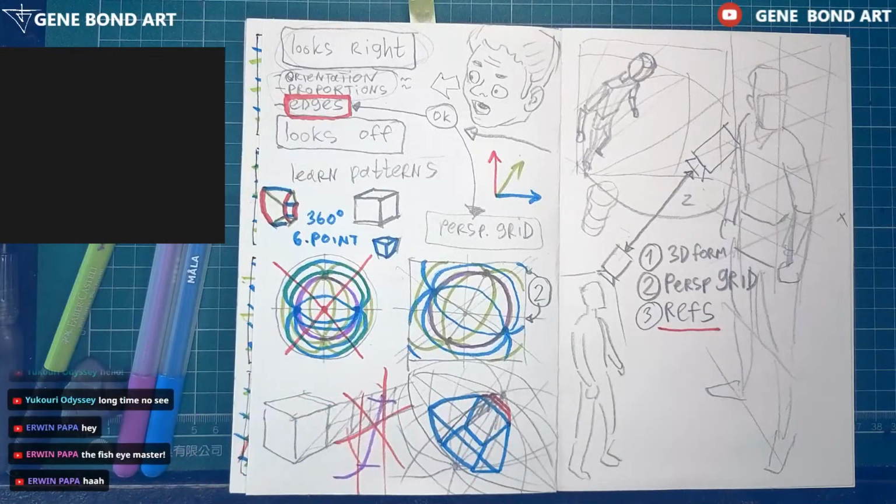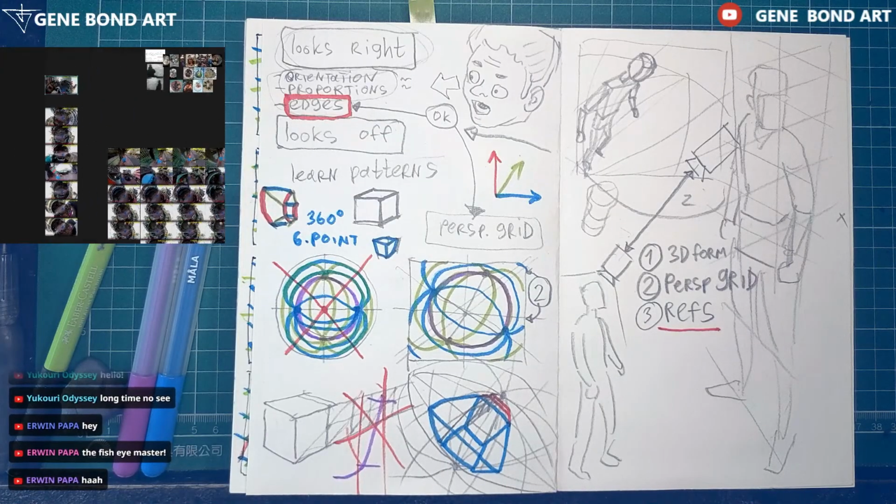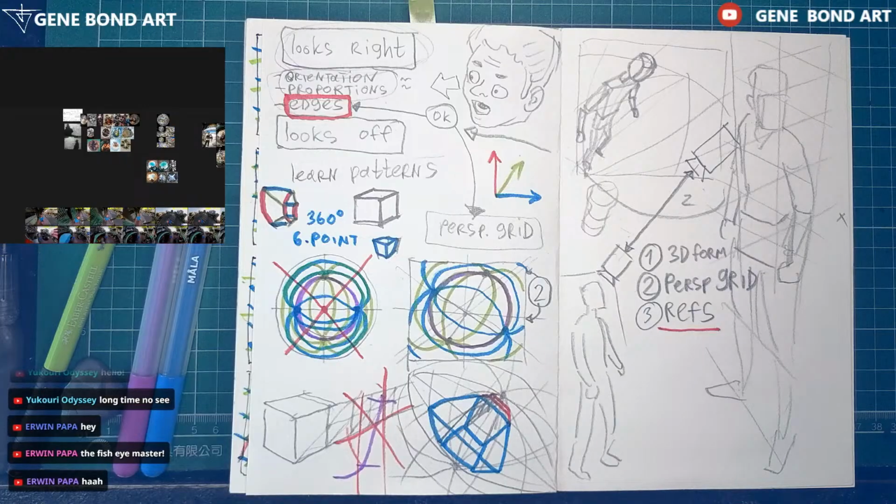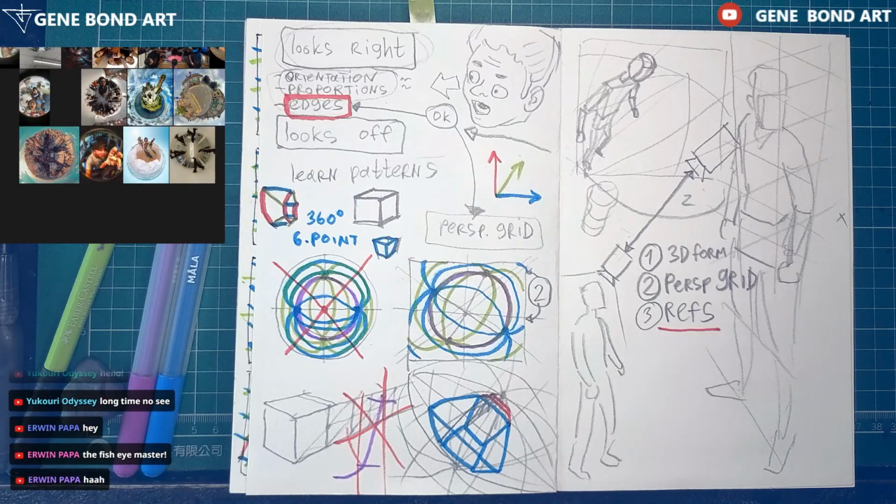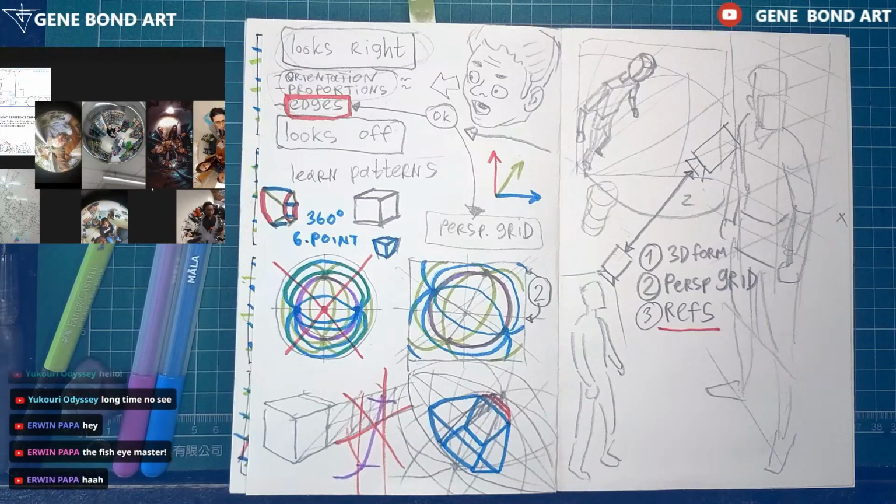So let's draw this kind of perspective reference on paper.